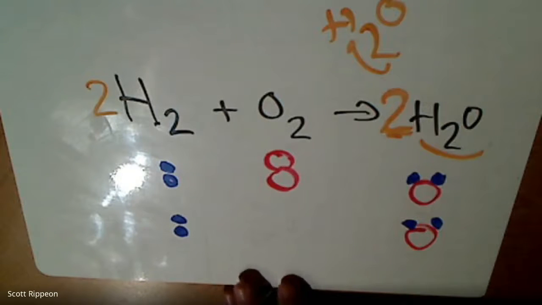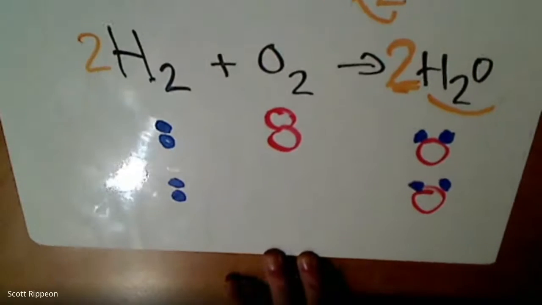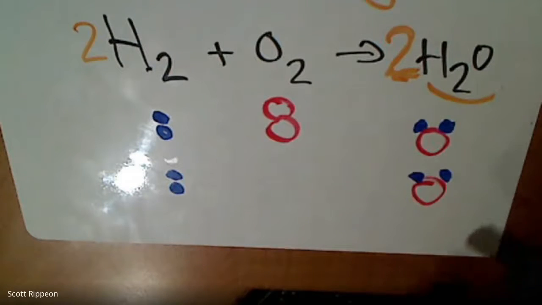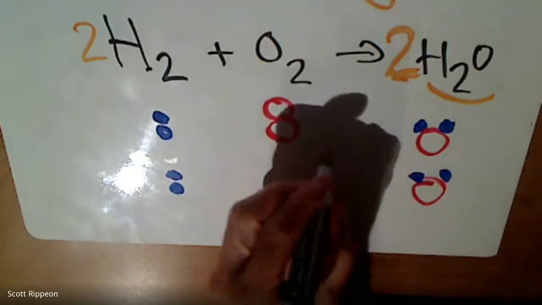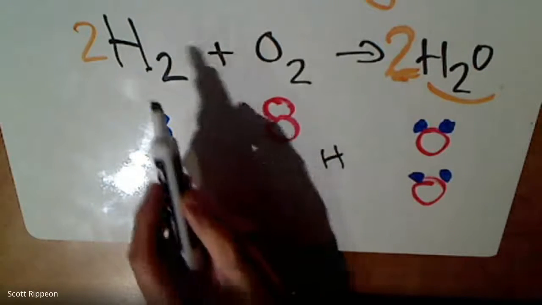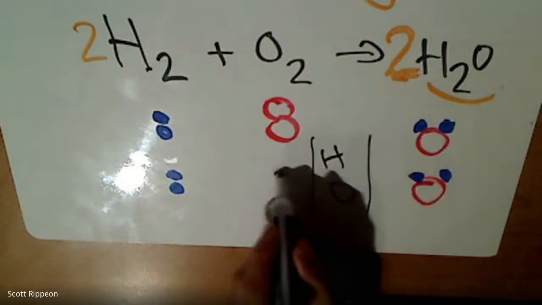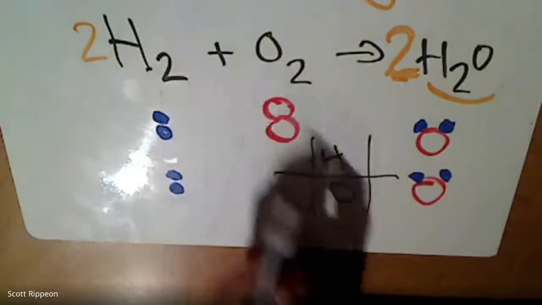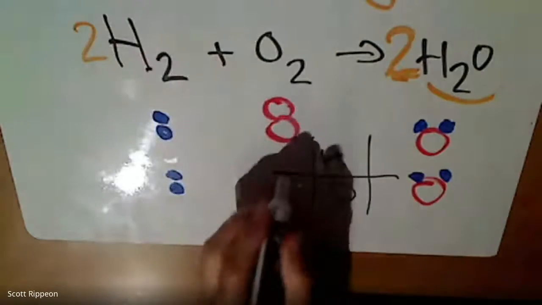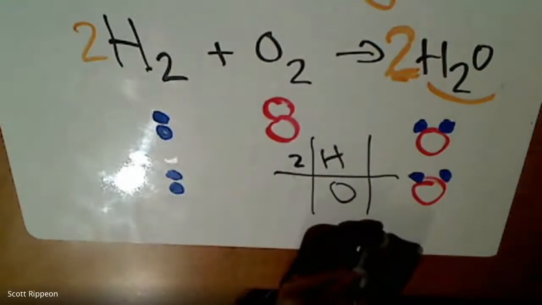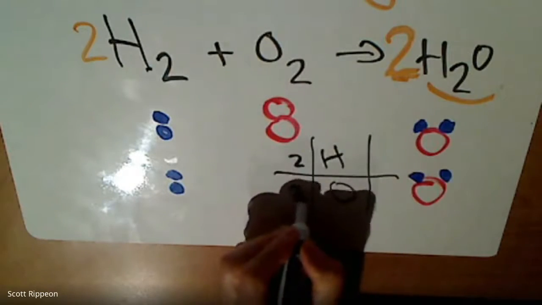Now a way that I do that mathematically, and I think she did something similar, is I just do it like this. I go, okay, ignoring the orange for a second, I check on how many of each type of atom I have, and I say how many hydrogen over there. Ignore the orange for a second, there's 2. Oxygen, there's 2.